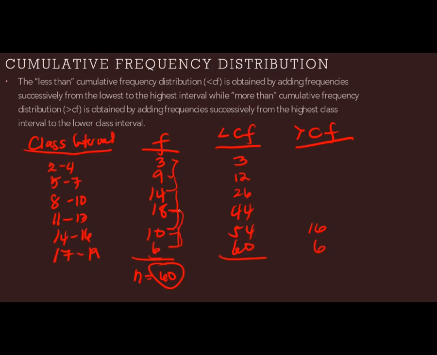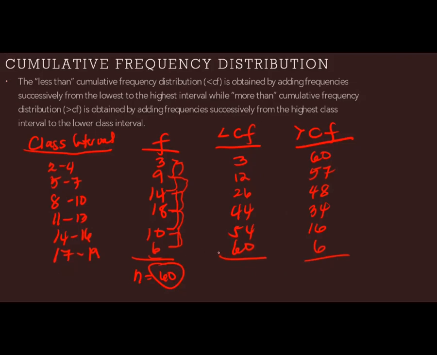And then 16 plus 18, that will give us 34. And then 34 plus 14, we have 48. And then 48 plus 9, we have 57. And 57 plus 3, we have 60.